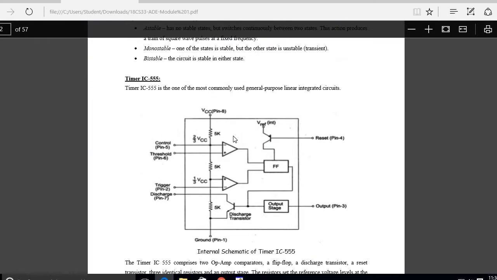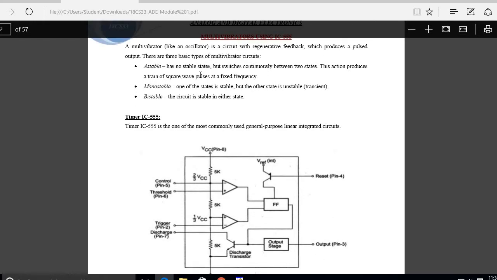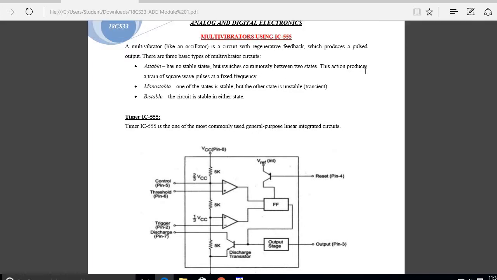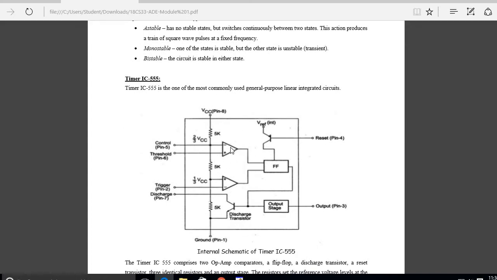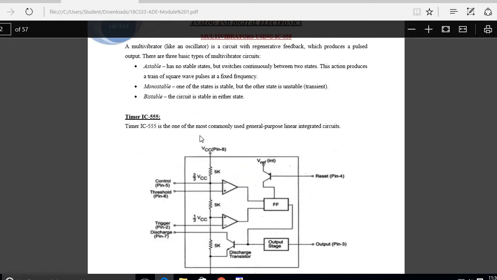There are no stable states, but it switches continuously between two states. This action produces a train of square pulses. Let us first see that this consists of two operational amplifiers, these are the operational amplifiers, and this is the transistor, and this is the flip-flop, in the timer IC555.